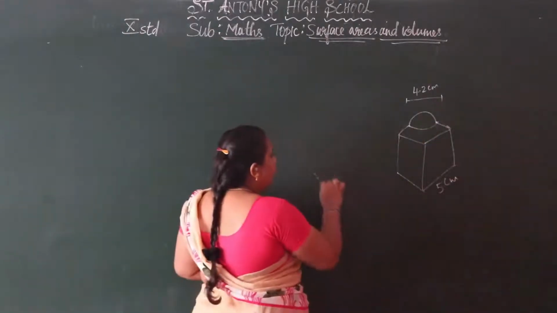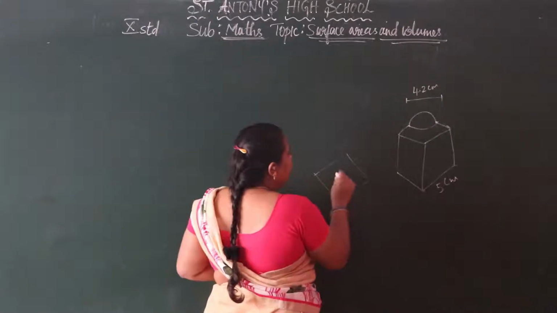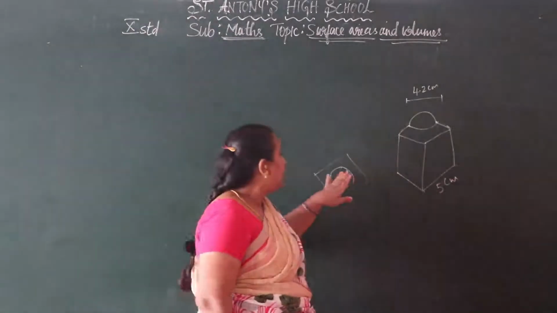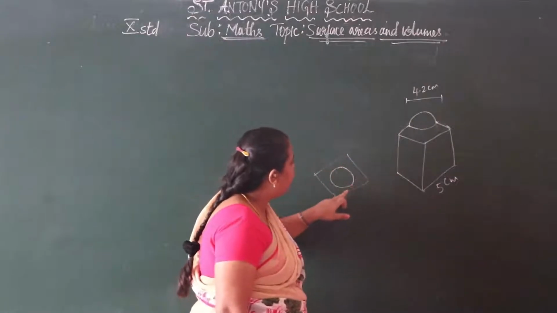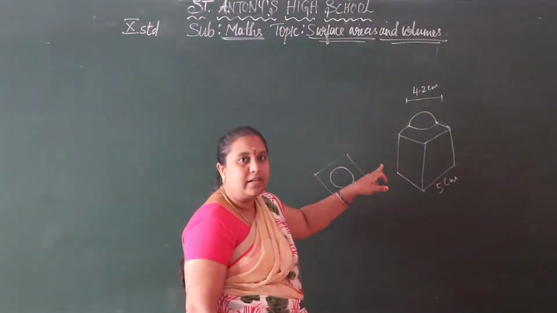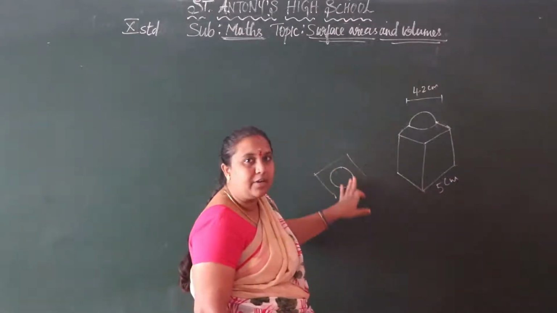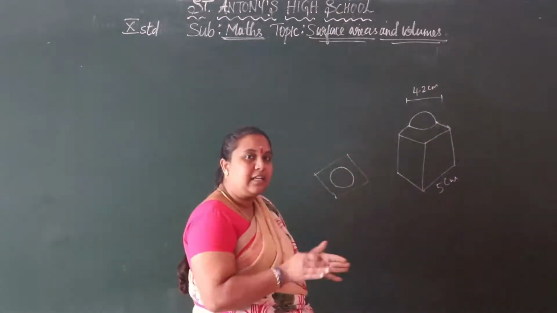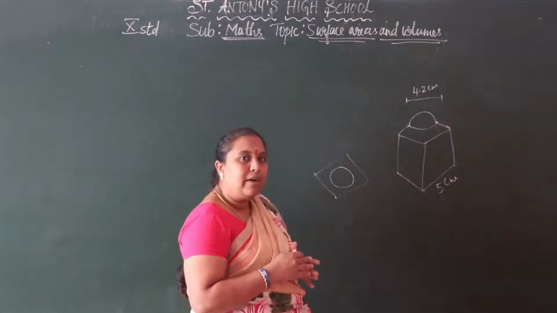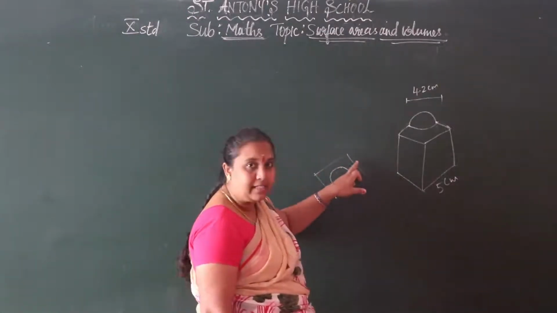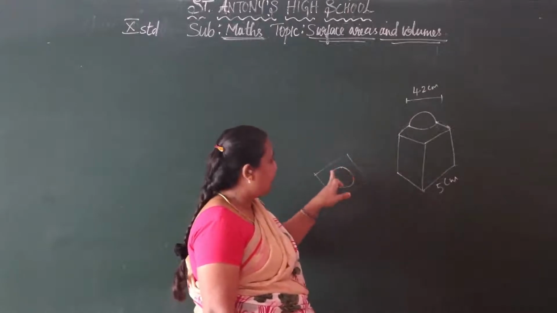See, we have a cube like this. In this we have to cut the hemispherical flat surface, so we remove this space from one side of the cube. The cube has 6 faces, and from one face we have to subtract this place.